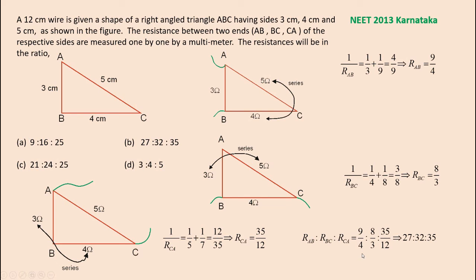Simplify this by multiplying each one by 12. So you will get 27 is to 32 is to 35. So the answer is B, that is 27 is to 32 is to 35. Understood this? Thank you once again.